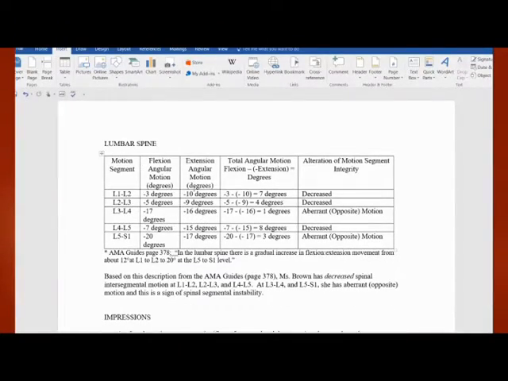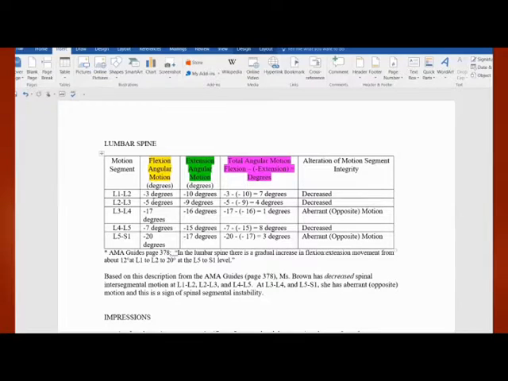But let's now go to our analysis of motion segment integrity. And here we have our values. Our flexion angular motion values are here. Our extension angular motion values are here. And here is where we do our calculation using the formula: flexion angle minus the extension angle gives us total angular motion.